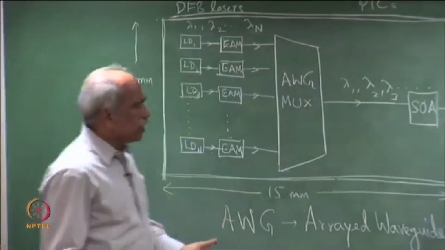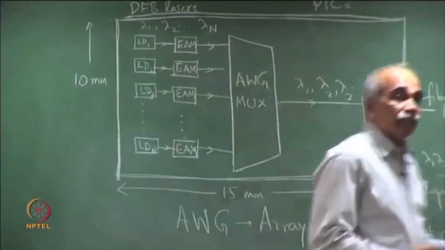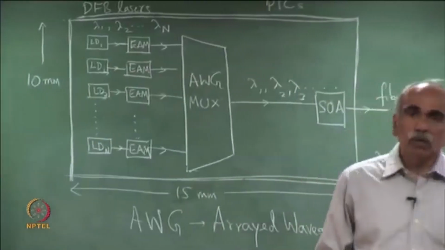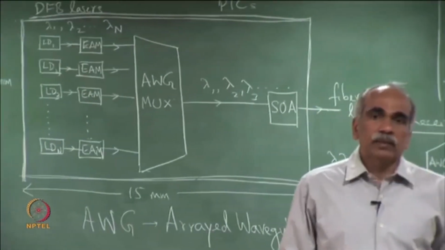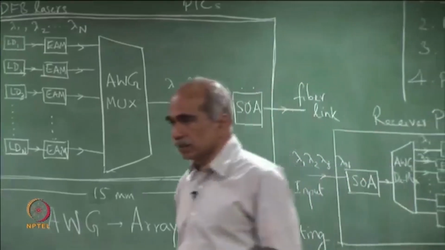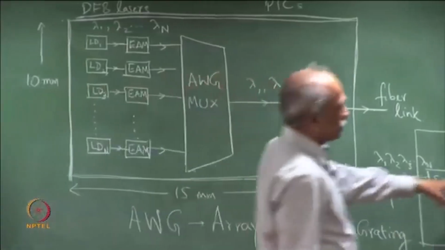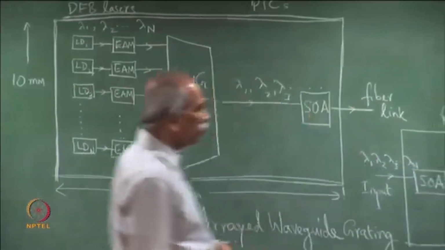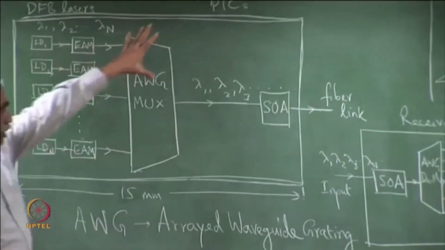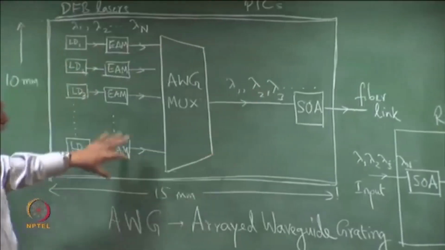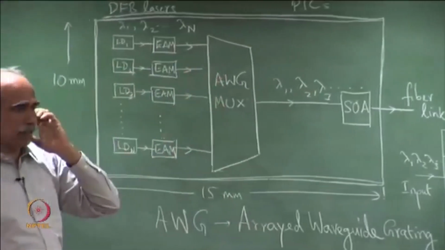Initially there were only lasers and modulators, and at the output amplifiers and photodetectors, but now hundreds of components are integrated to realize a single photonic integrated circuit.